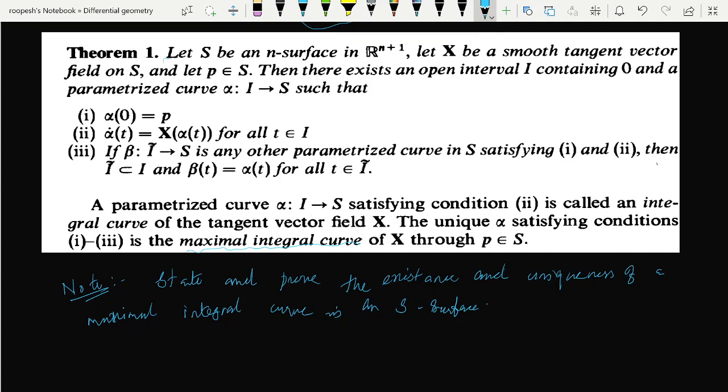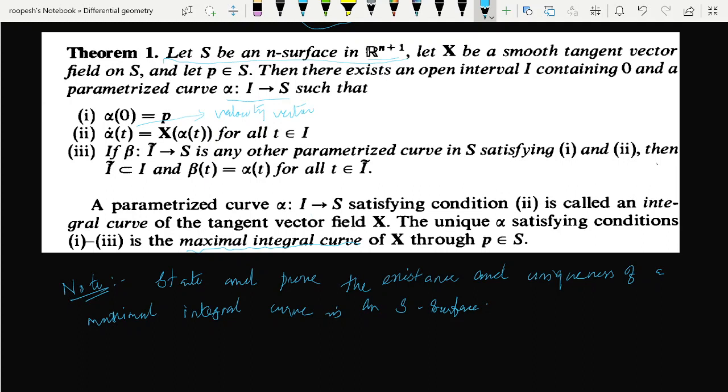Let S be an n-surface in R^(n+1). Let X be a smooth tangent vector field on S, and let p belong to S. Then there exists an open interval I containing 0 and a parameterized curve alpha from I to S such that alpha of 0 equals p, and alpha dot of t, which is the velocity vector, equals X of alpha of t.